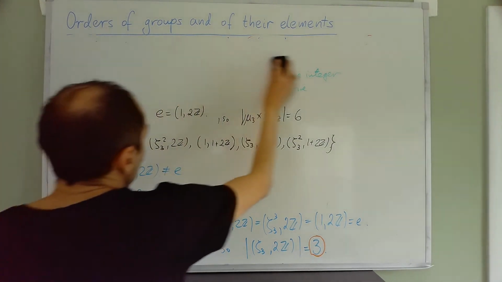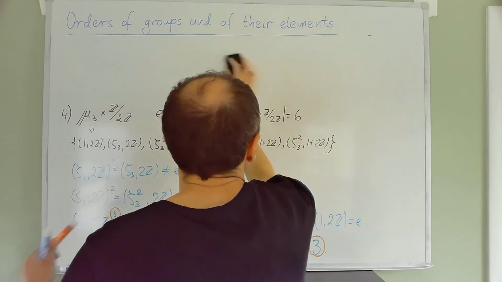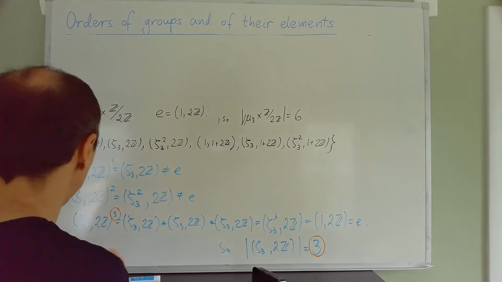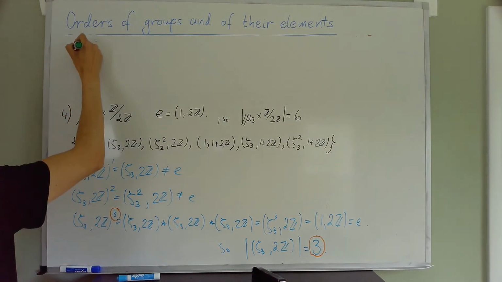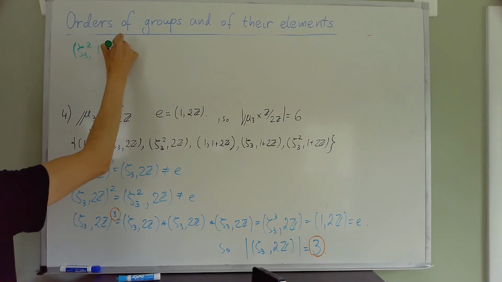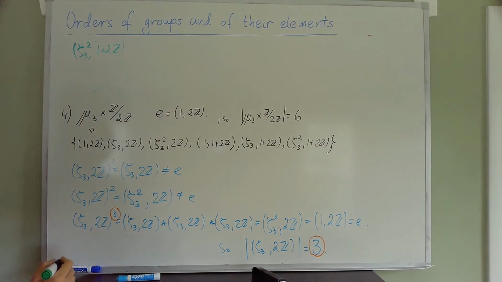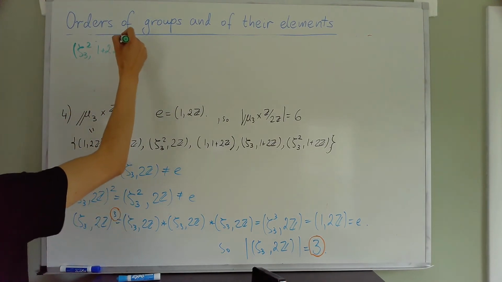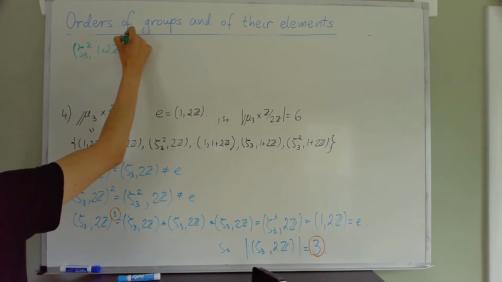Let's take some other element. So let's look at (zeta 3 squared, 1 plus 2Z). The first power I know it doesn't work, so let's do the second power.